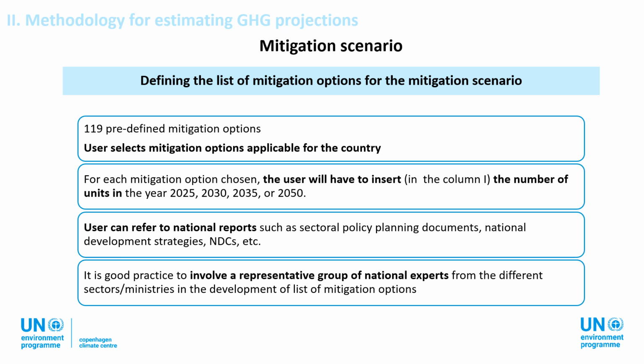User can refer to the national reports, such as policy planning documents, national development strategies. It is generally a good practice to involve a representative group of national experts from different sectors, ministries, in development of list of mitigation options.